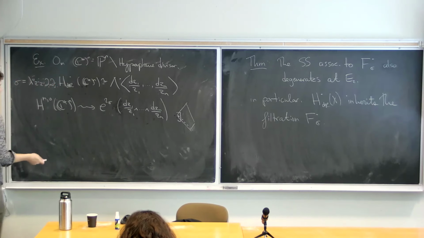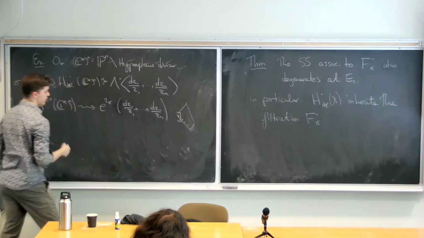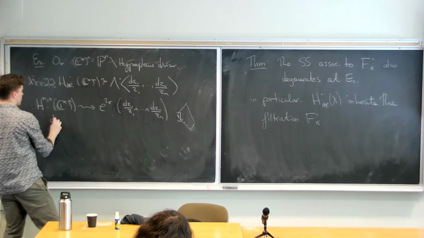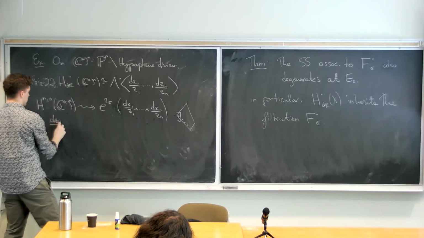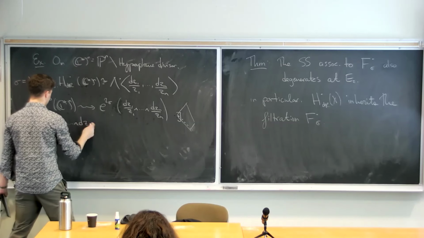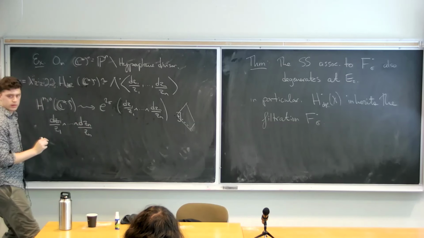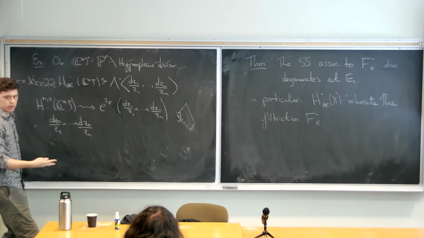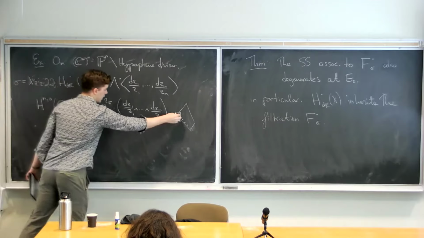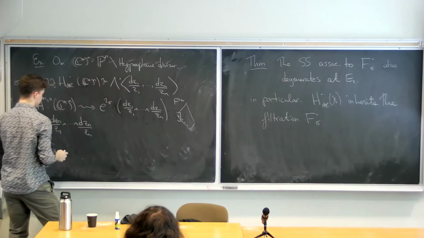So in this case, the new leftmost part of the deformed Hodge filtration is going to be spanned by the class represented by the line, which is the following element in even de Rham cohomology. I'm going to write down an element of de Rham cohomology of different degrees, and it generates this new leftmost piece of the Hodge filtration.